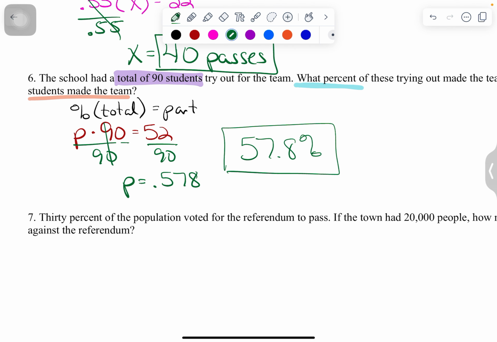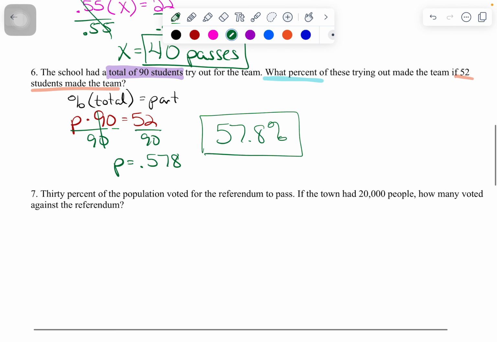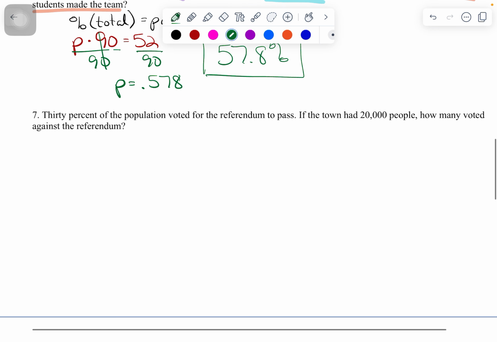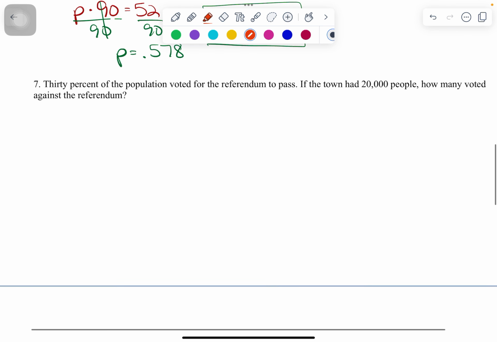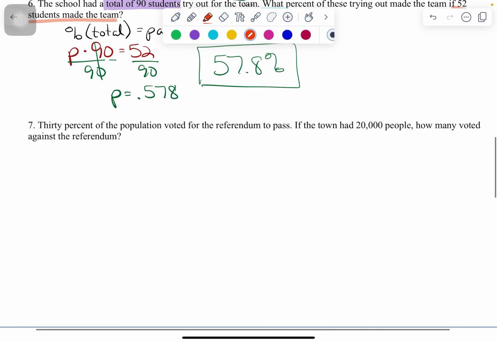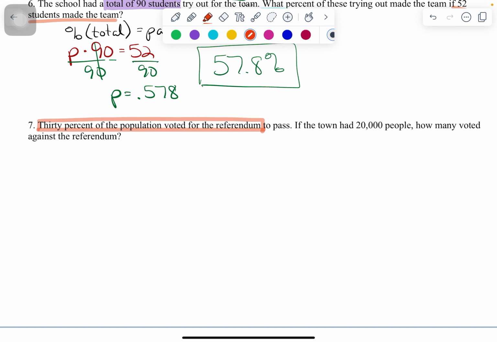Trying to make the calculator disappear. This is the last question. Yeah, accidental homework. Okay, so 30% of the population voted for the referendum. Oh, apparently it decided to make that a straight line. We've got 20,000 people, so that's our total.